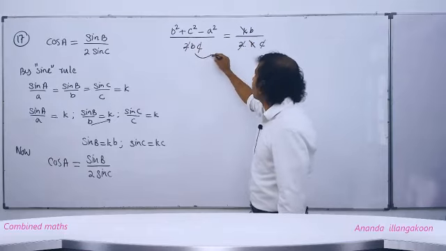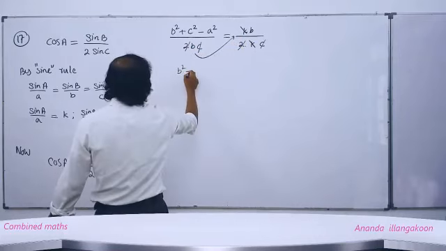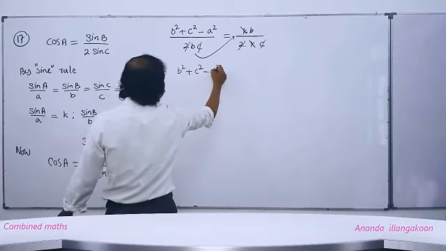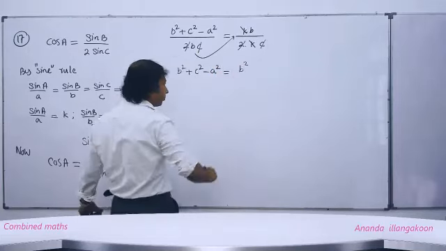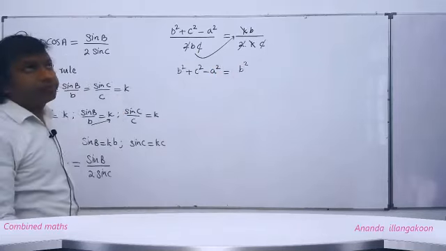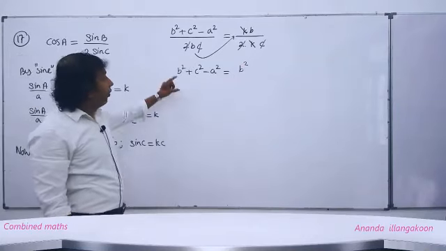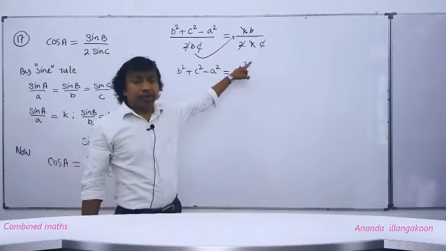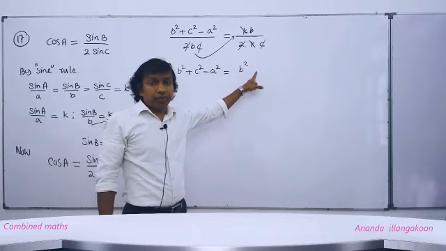Now people, by this you can use the cross multiplication. What do you get there? B squared plus C squared minus A squared equals B and B when you multiply, we get B squared. When I take this B squared to the right hand side, that will be minus B squared. Then that minus B squared will cancel off.